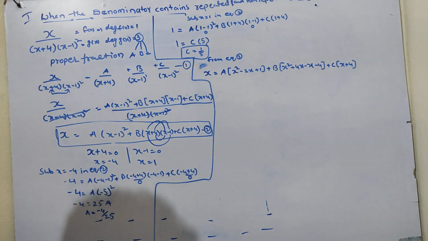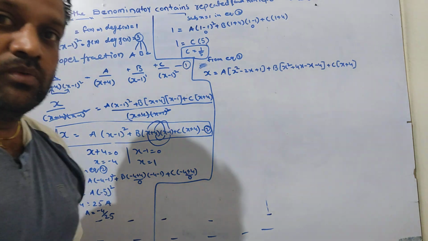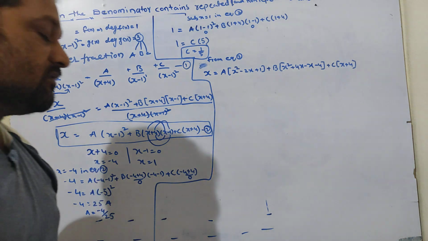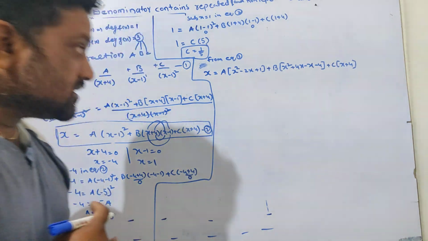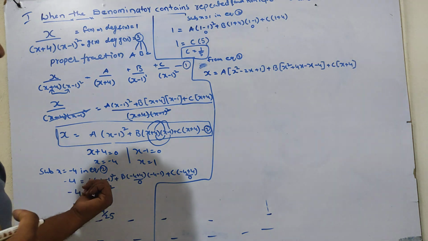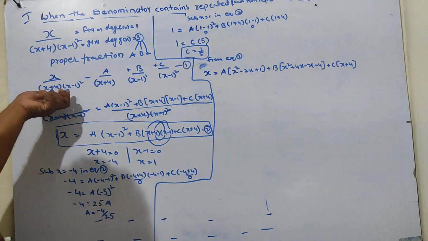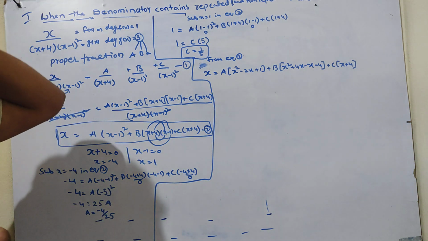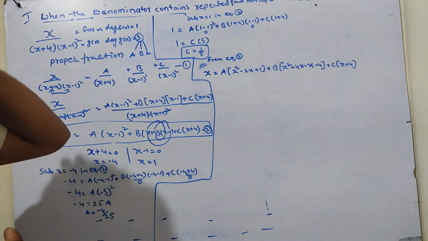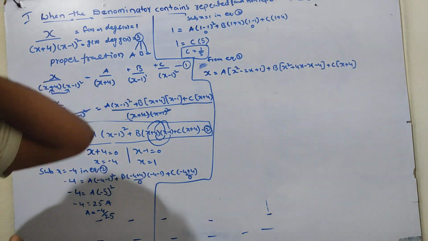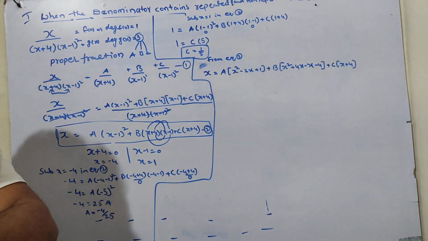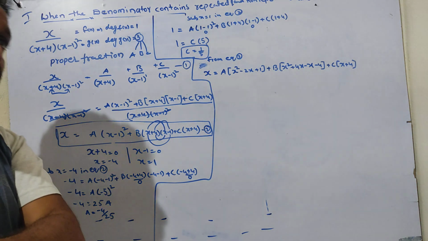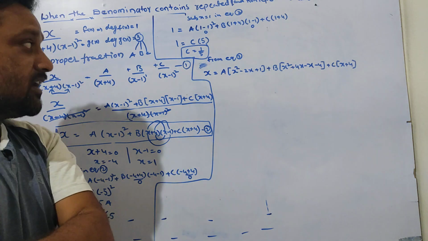So why are we expanding that equation? Because we have to find another constant value. Already we have got two values. How did we get the two values? We have two linear polynomials, so we compare them to 0 to find the x value, and after getting the x value, we substitute in equation 2. At that time we got the two values. Now we have to find another value.